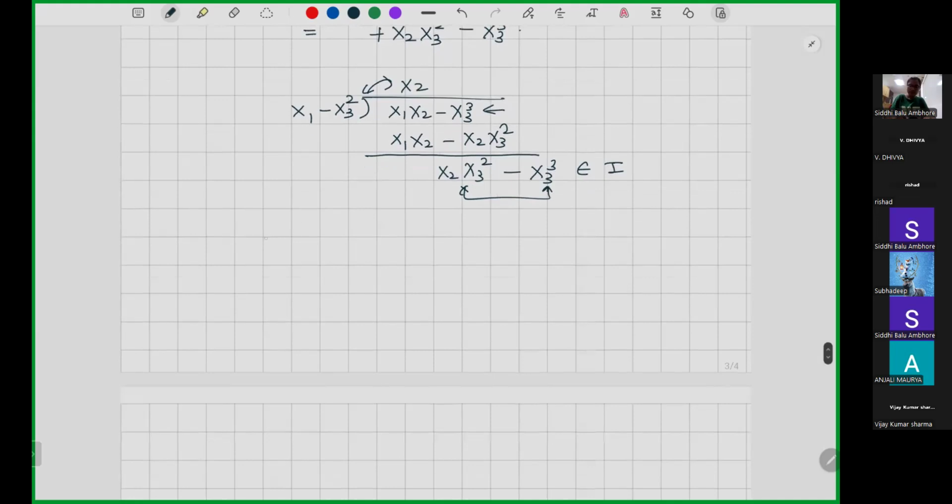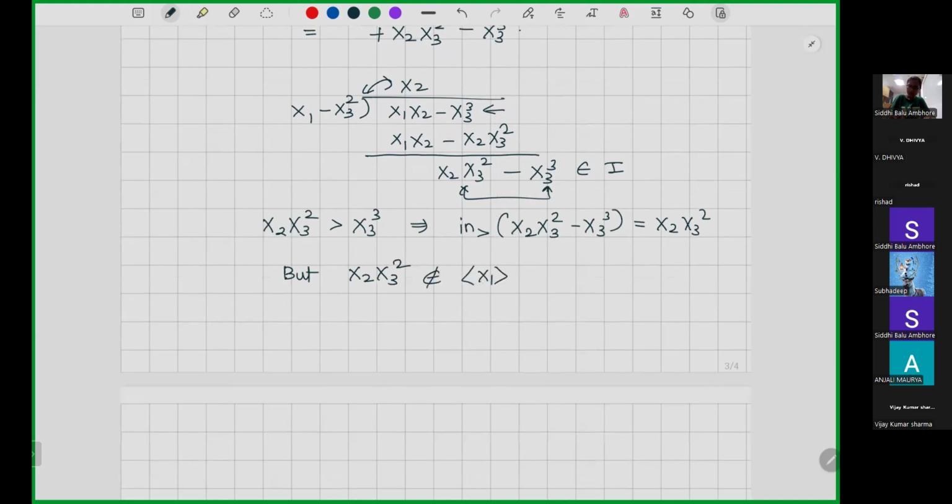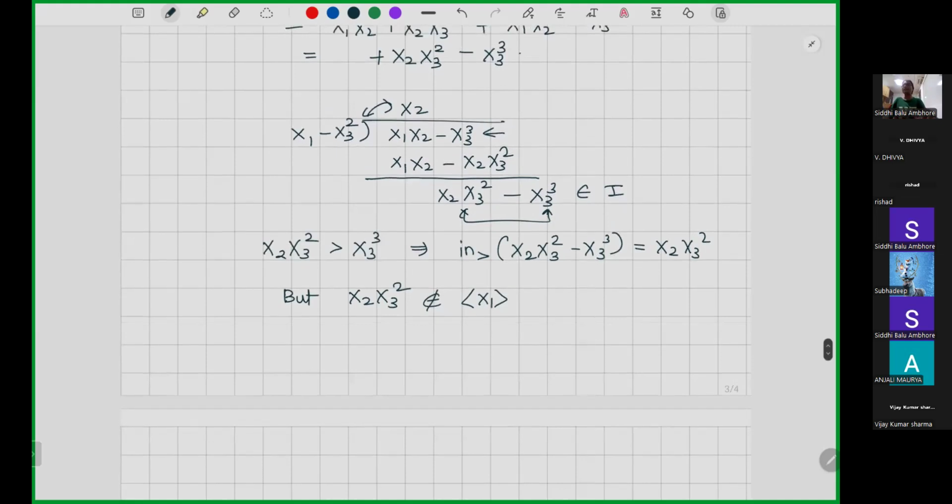So anyway we have x2, so this x2 x3 square is greater than x3 cube, and this implies the initial term of this polynomial x3 square minus x3 cube is actually x2 x3 square, but this monomial x2 x3 square doesn't belong to this ideal generated by x1, right? Is this clear? Yeah, clear.